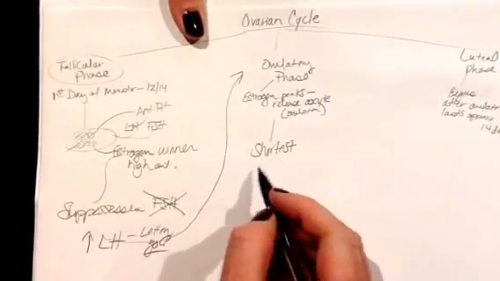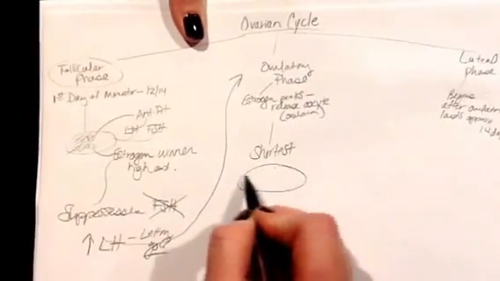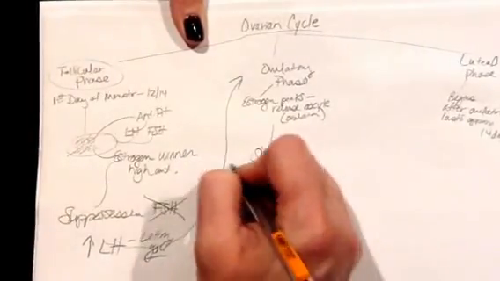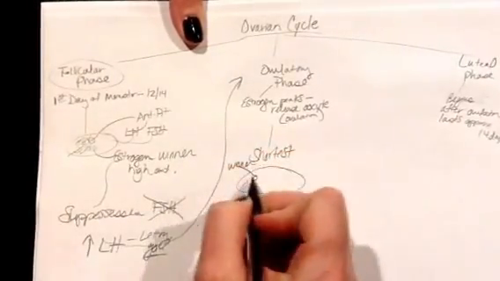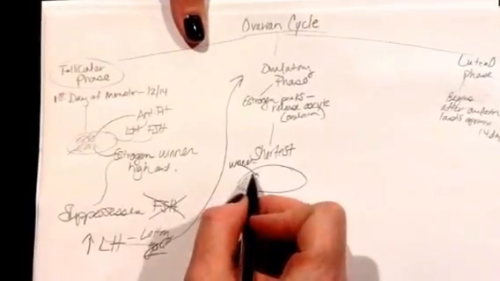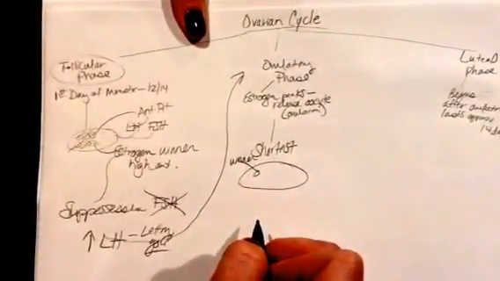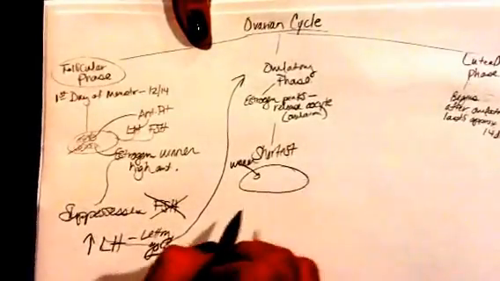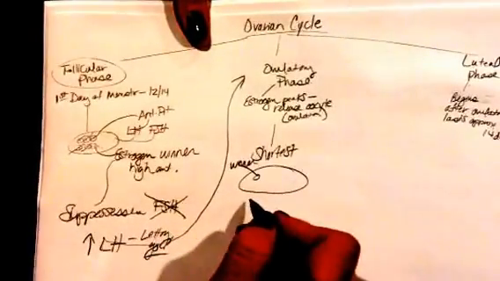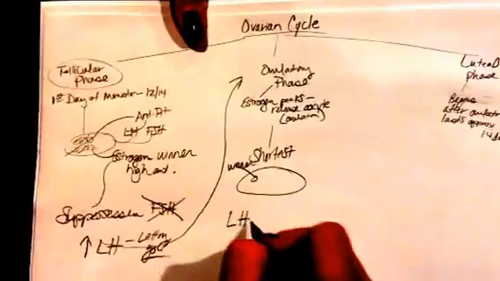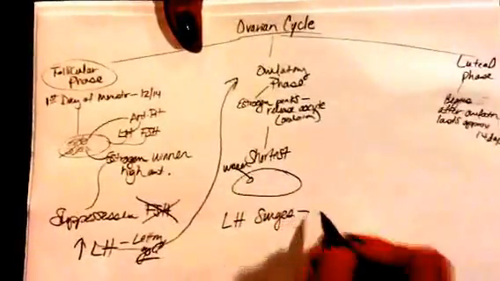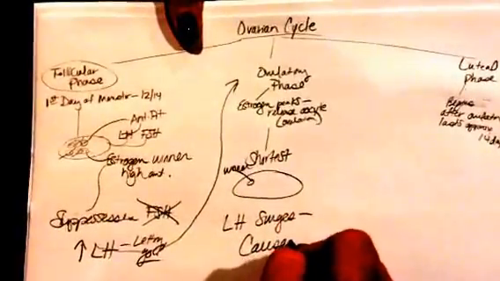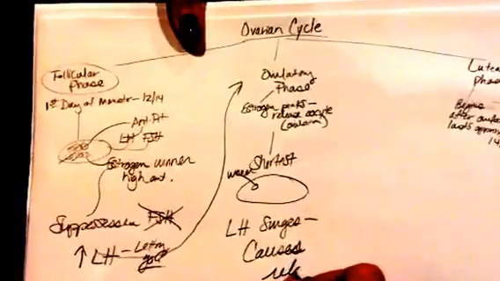And during this phase, we're going to pretend this is our winner, our Graafian follicle, and it's producing large amounts of estrogen, and that is suppressing the FSH. And this LH surges during this time, causes the release.